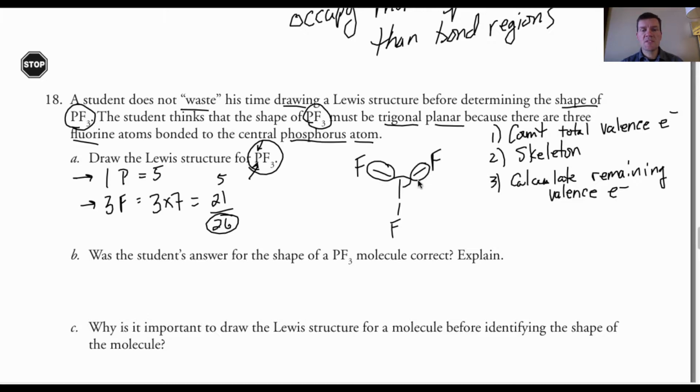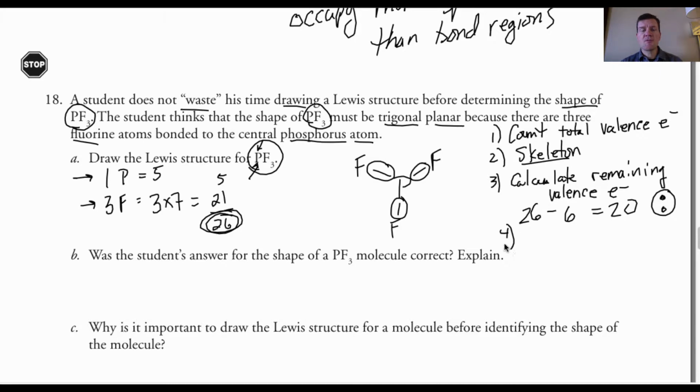This bond represents 2 shared electrons. This bond represents 2 shared electrons. So far I have 6 that are shown. I have 6 in my skeleton structure. But I need 26. So now I'm going to determine 26 minus 6. I need to draw 20 more. And how do I do that? I use dots, pairs of dots.